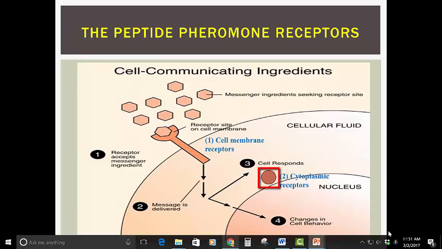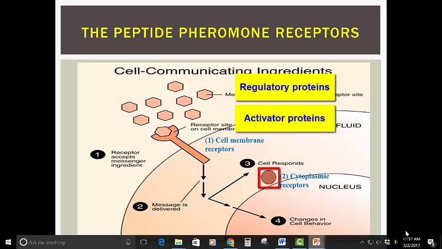The cytoplasmic receptor is a receptor located in the cytosol. Cytoplasmic receptors can be regulatory proteins, activator proteins, or secondary messengers that regulate the transcription of specific genes and may be activated or inactivated by pheromone binding.